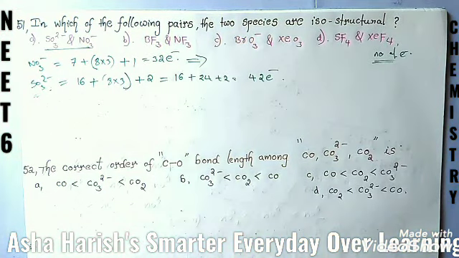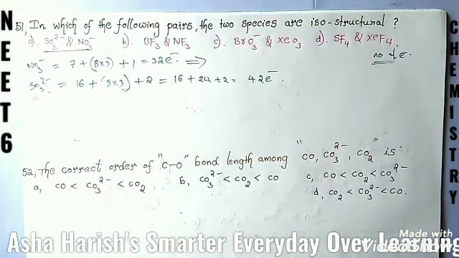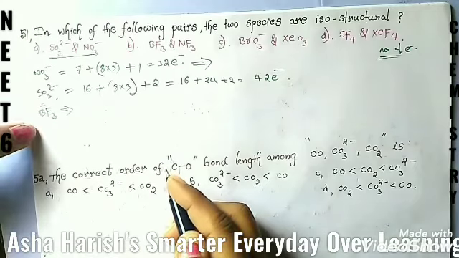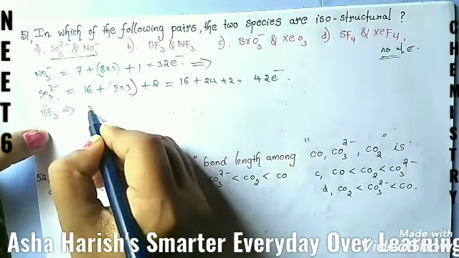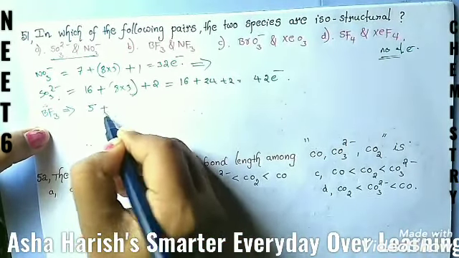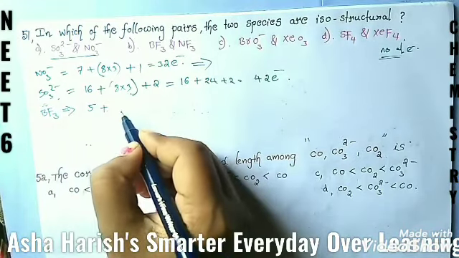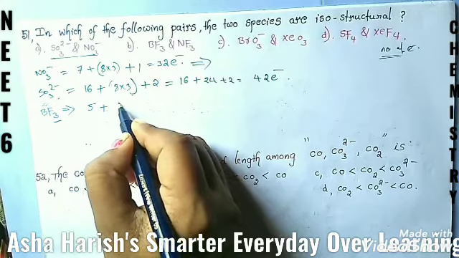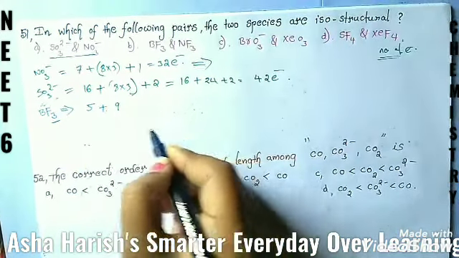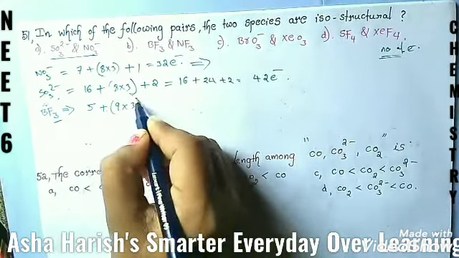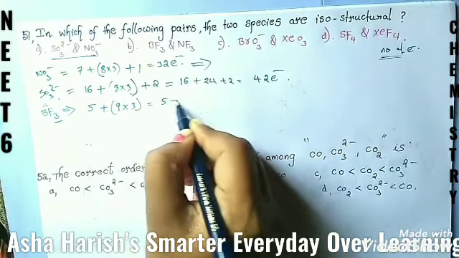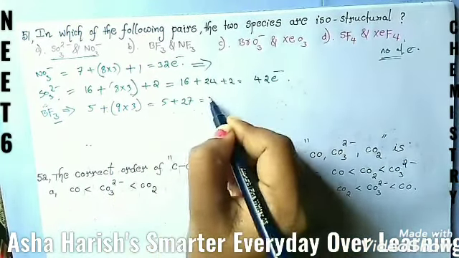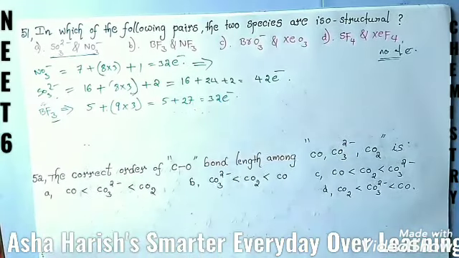For this also we need to calculate the total number of electrons. Here boron and fluorine. Boron atomic number is 5, that means 5 electrons, and here 3 fluorine atoms are there, 9 is the atomic number for fluorine, into 3, right? And 5 plus 27, here we have 32 electrons.